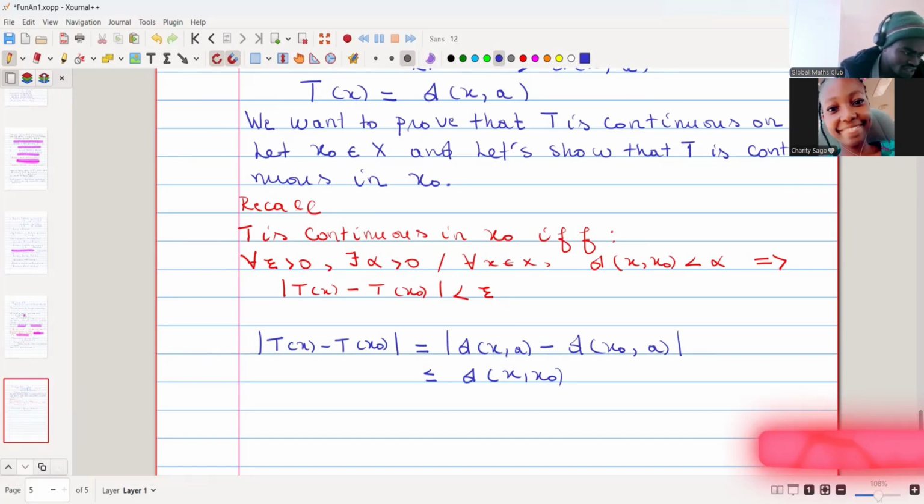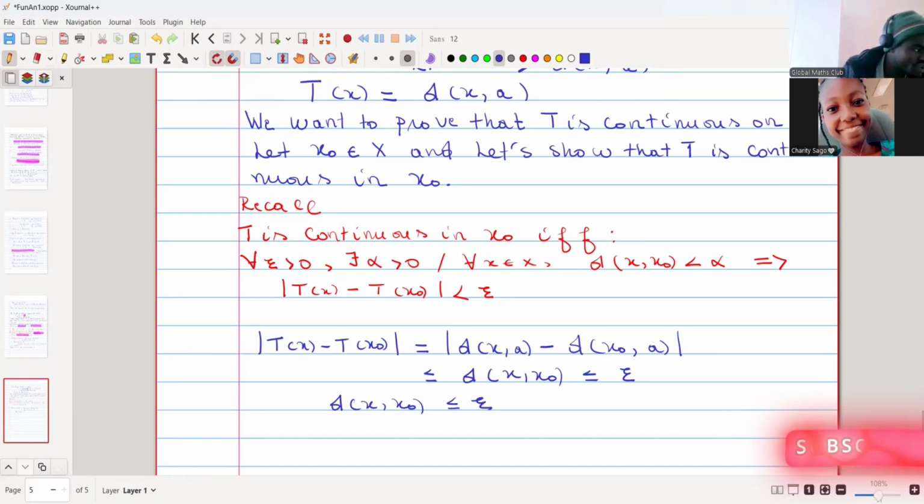And don't forget that this quantity, the absolute value of T(x) minus T(x naught), should be less than epsilon. So this is less than epsilon, and if this is less than epsilon, it means that d(x, x naught) is less than epsilon.